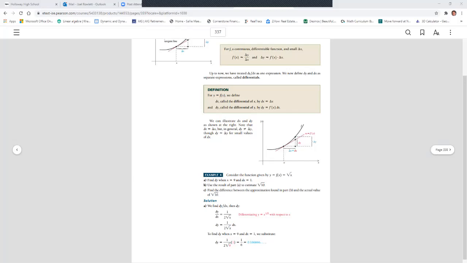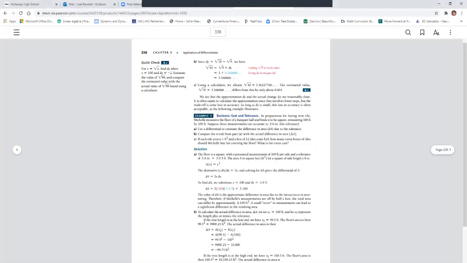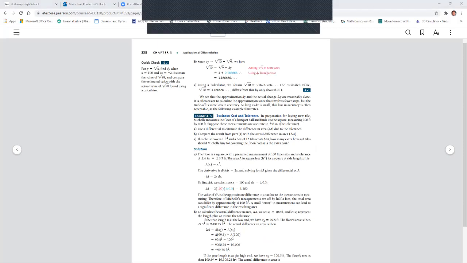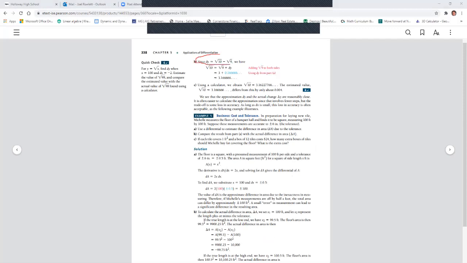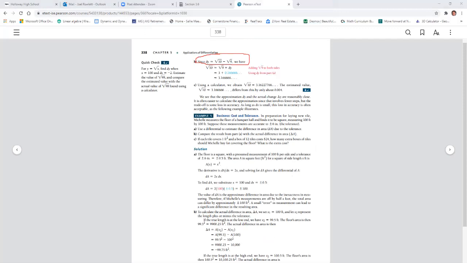Let's look at part B. We figured out that dy is approximately equal to the square root of 10 minus the square root of 9.